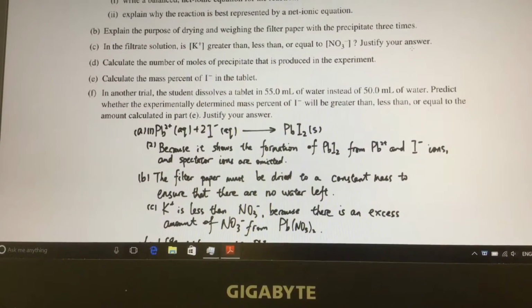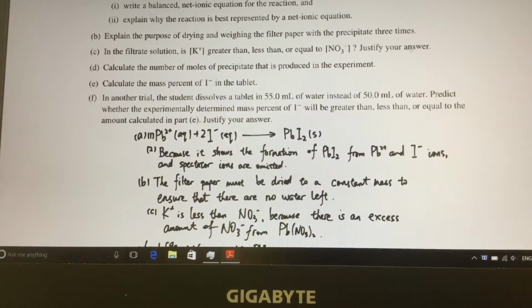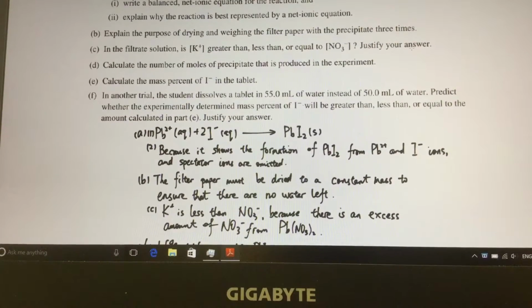D, calculate the number of moles of precipitate that is produced in the experiment.